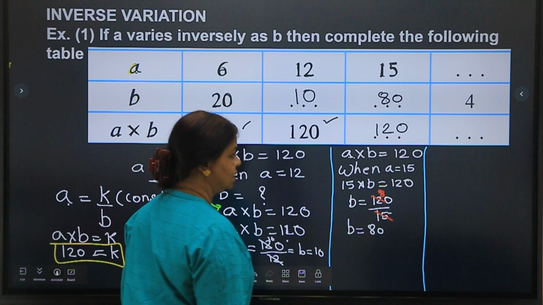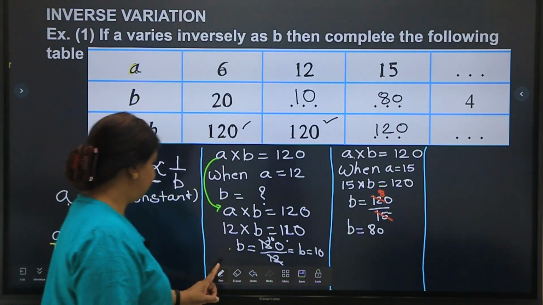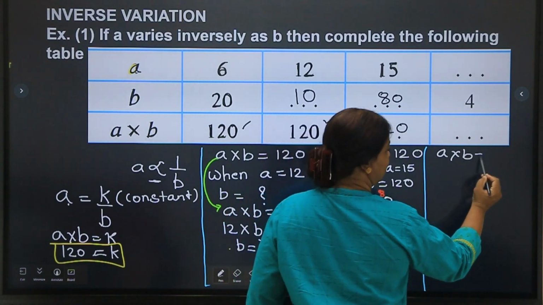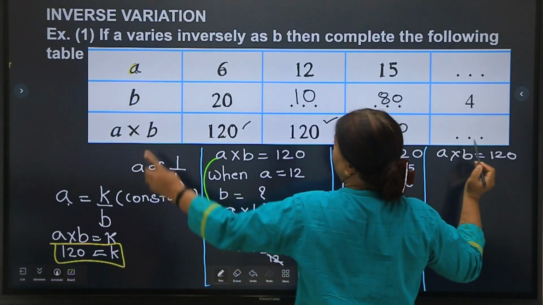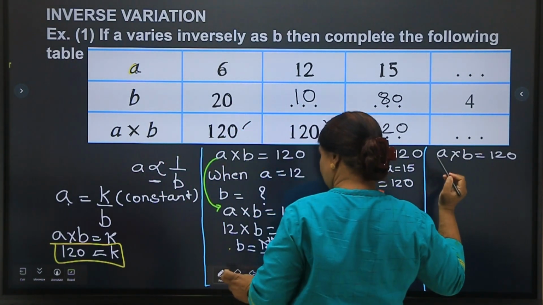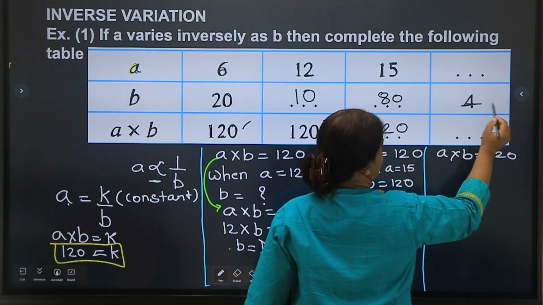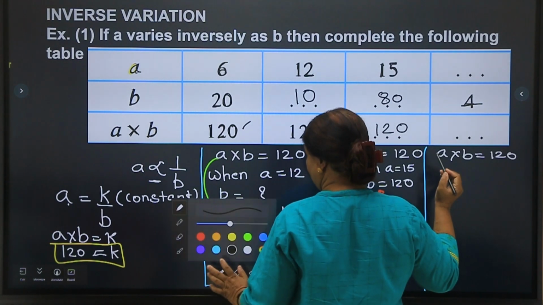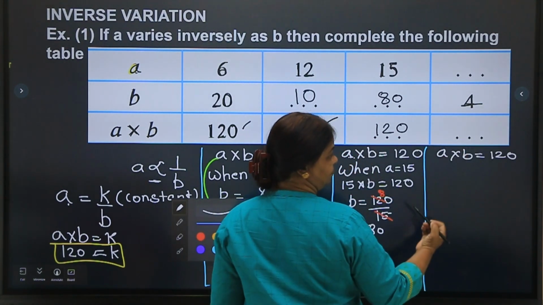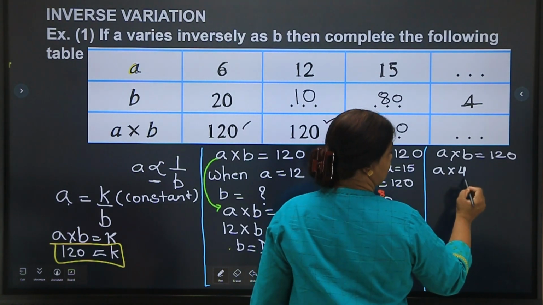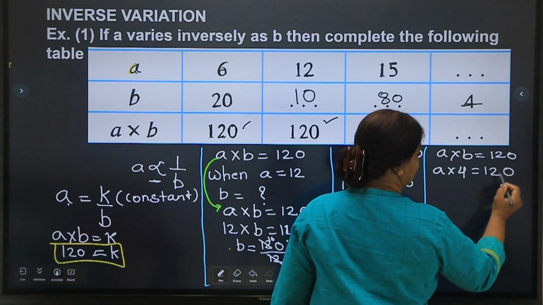In the last case, we already have A into B again as 120. B value is given as 4. We need to find the value of A. So A into 4 is equal to 120.